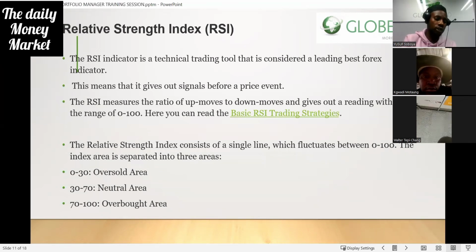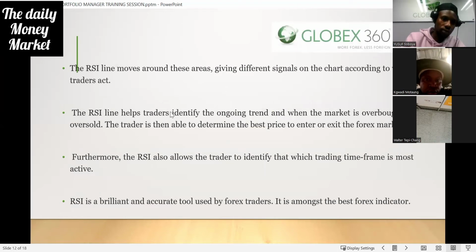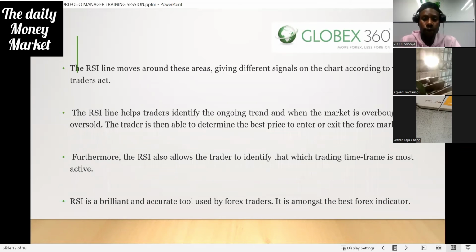Same as the overbought: you can identify that this trade is actually overbought at this particular time, looking at the 70 to 100 ratio. The RSI line moves around these areas and gives different signals on that chart according to which traders act. The RSI line helps traders identify ongoing trends and when the market is overbought or oversold. The trader is then able to determine the best price to enter or exit the Forex market.